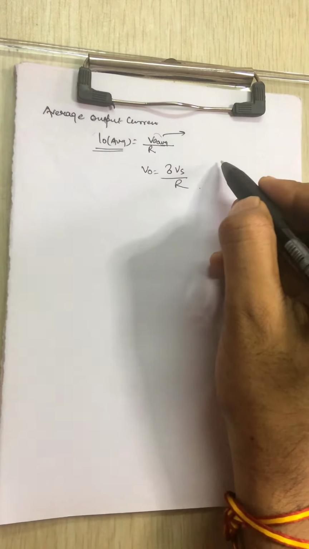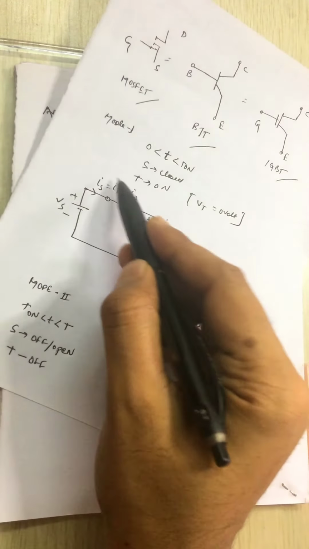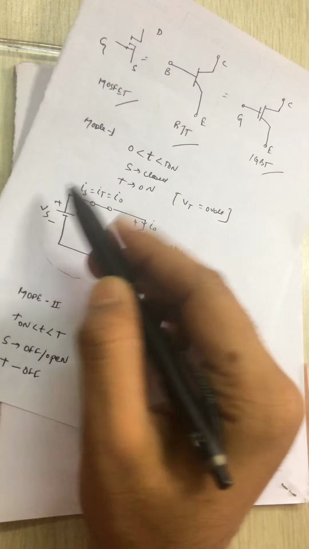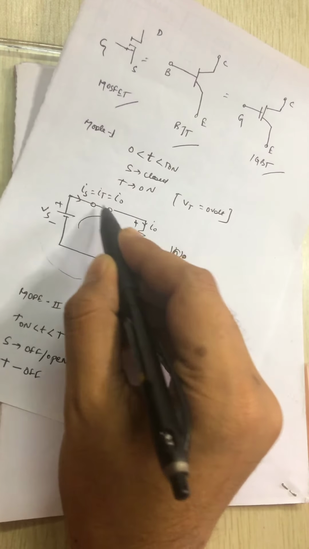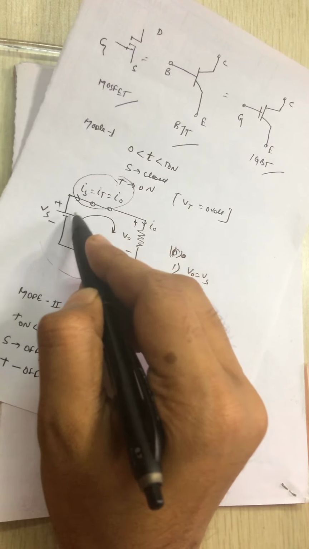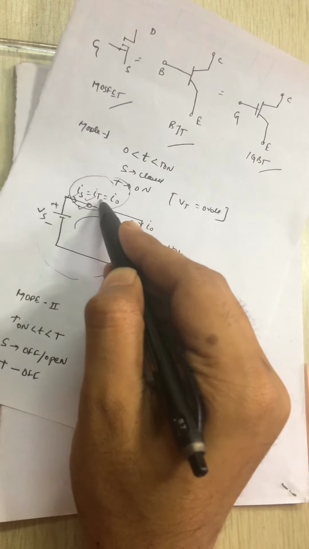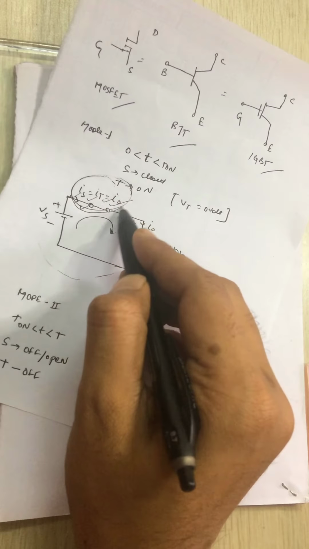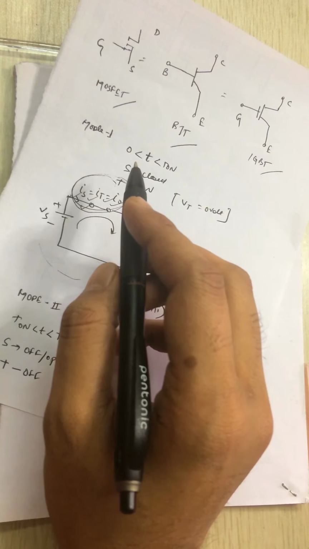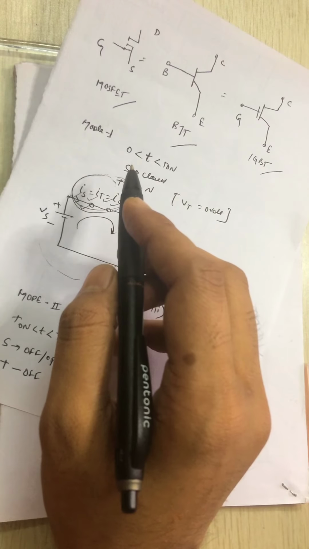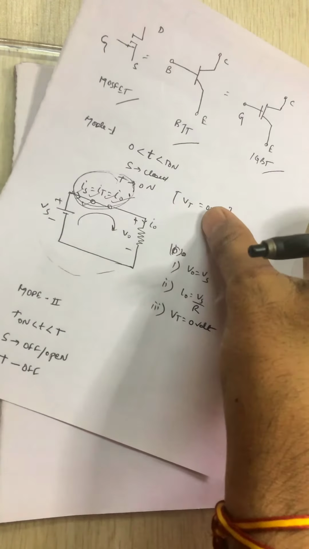Hence in the main circuit, we have discussed that the whole circuit is a series circuit. If the whole circuit is a series circuit, then the current flowing through the switch, source current, thyristor current, and output current are all the same, because in a series circuit the current does not change, and in a single wire there cannot be two different currents.